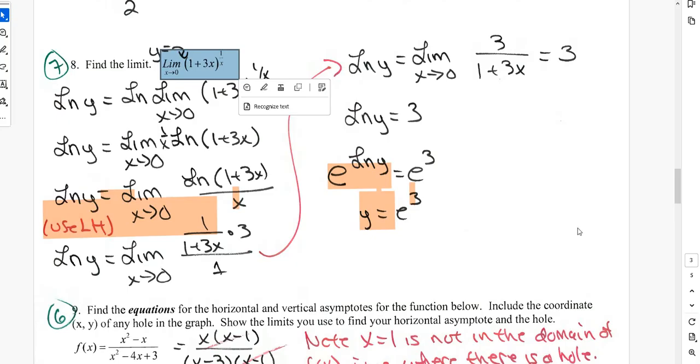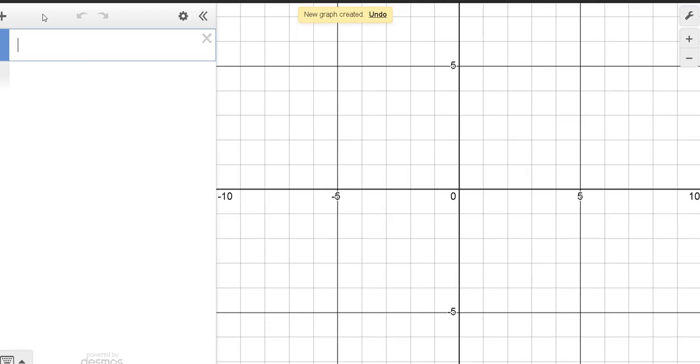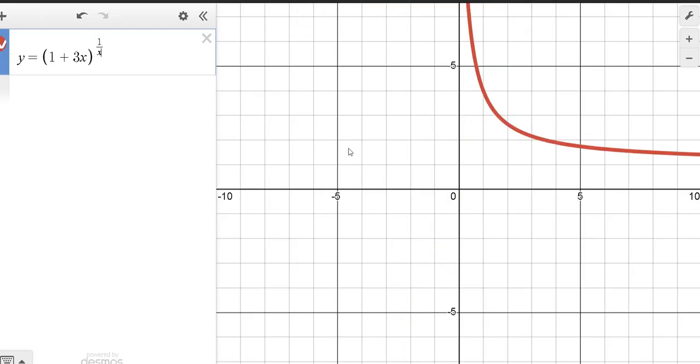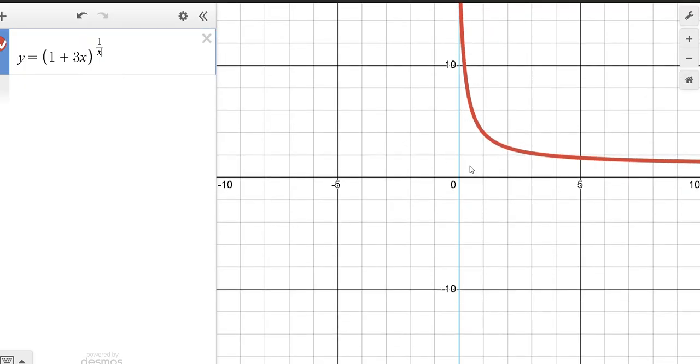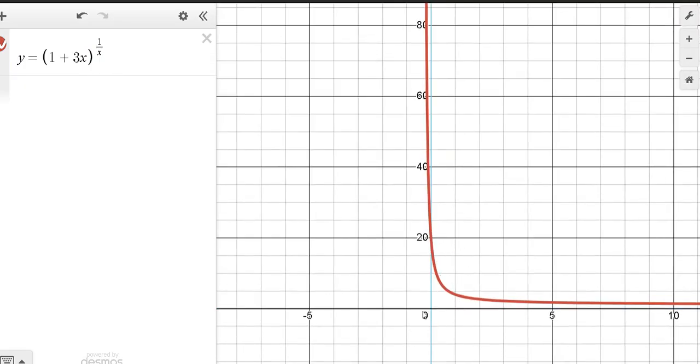Can you graph it? Yeah, let's graph it. So let's graph 1 plus 3x to the 1 over x power. So let me just get a new one here. Y equals 1 plus 3x raised to the 1 over x power. And let me move this down a little bit. So it does cross the y-axis at some point.